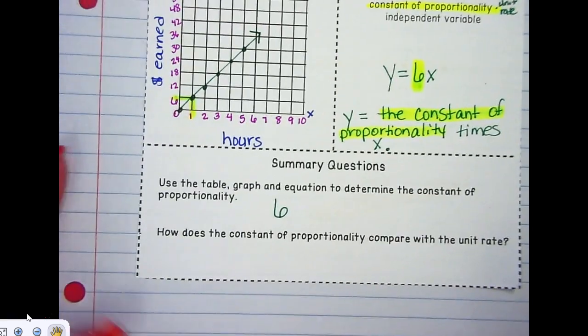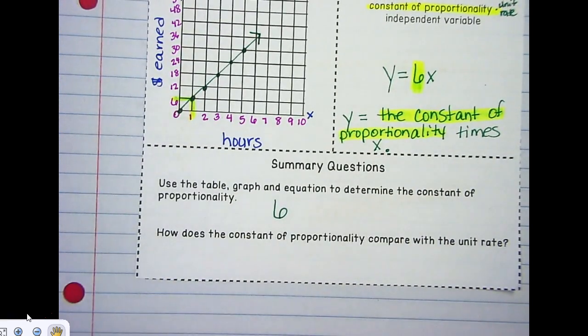And how does the constant of proportionality compare with the unit rate? What will we say? What do we know about the constant of proportionality and the unit rate? They're the same, right? They're the same thing.